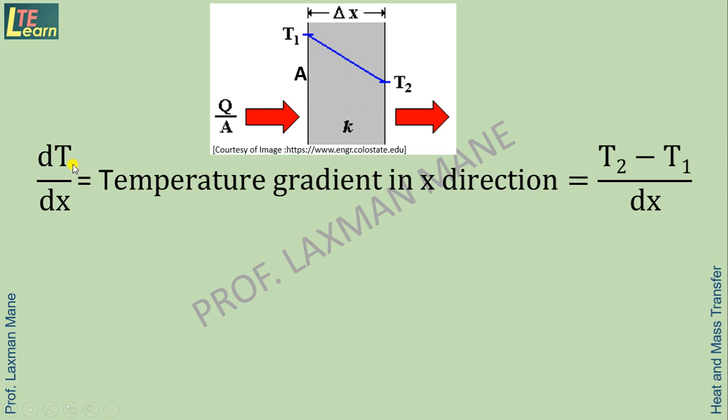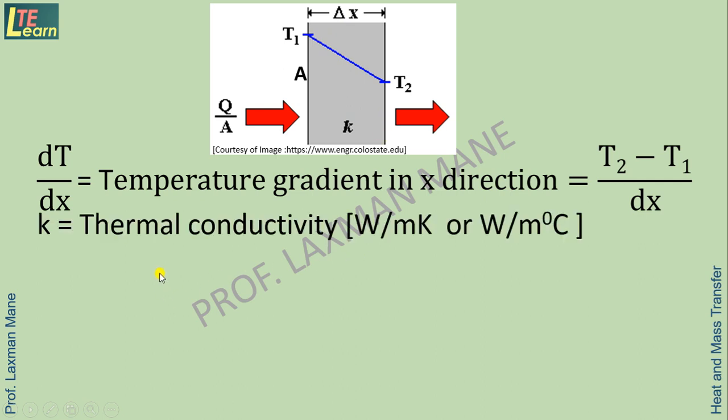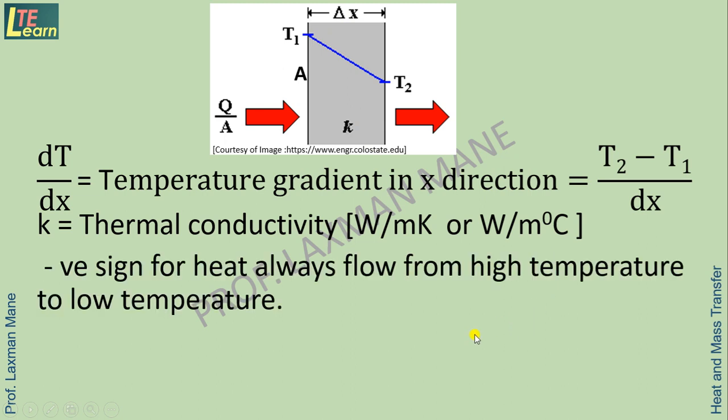That is, dT by dx means temperature difference, in this case final temperature minus initial temperature, T2 minus T1, divided by dx. dx is the dimension along the direction of heat transfer. K is the thermal conductivity of material. Its unit is watt per meter Kelvin or watt per meter degree Celsius. Here the negative sign is because heat always flows from high temperature to low temperature.